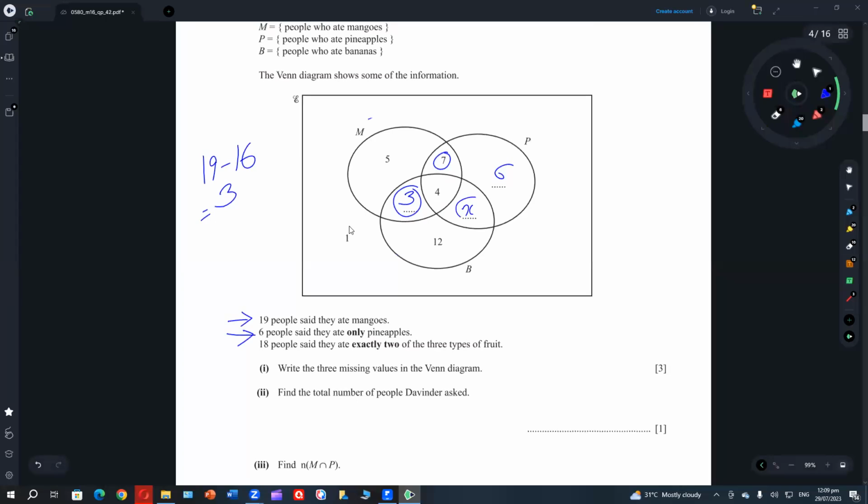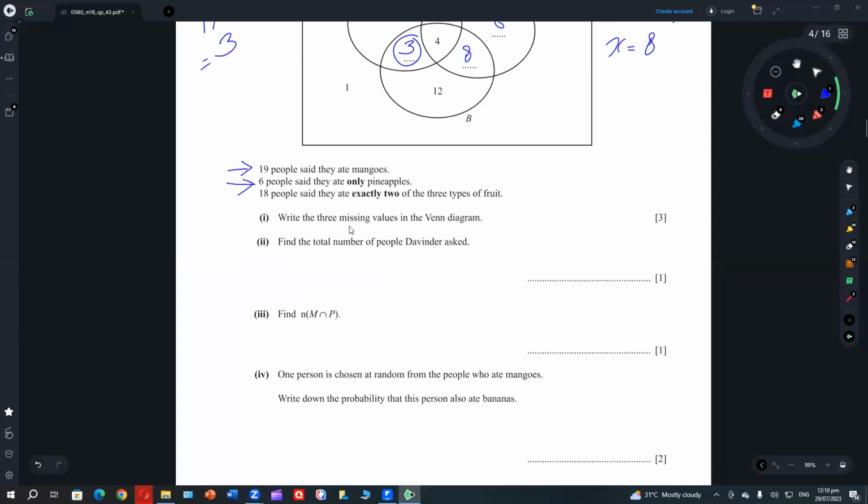These are the 3 entries and together they become 18. So this is 8. We have used this entry, this part is done.